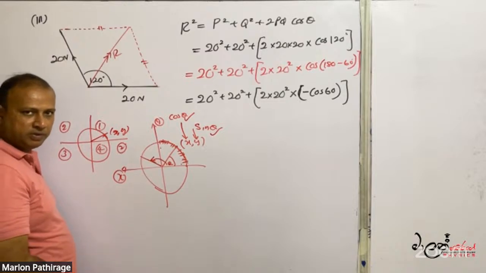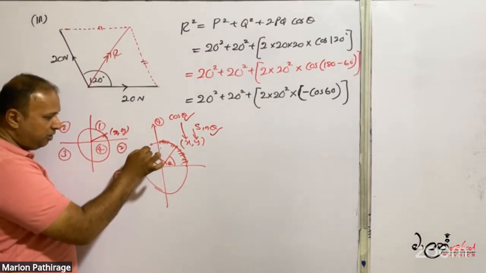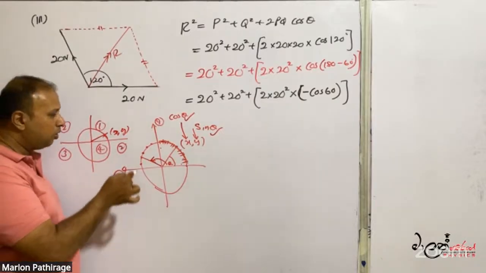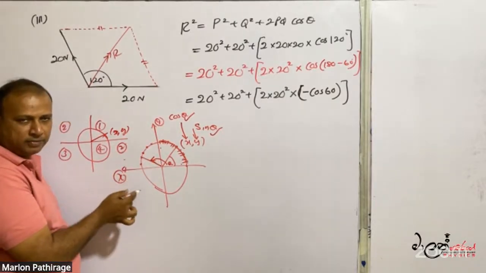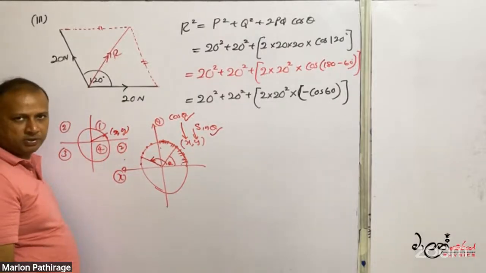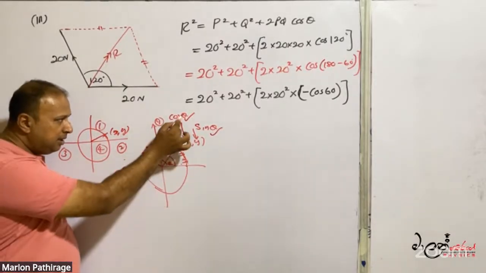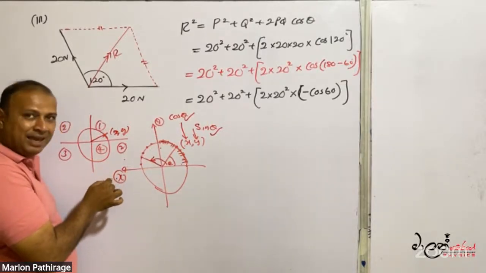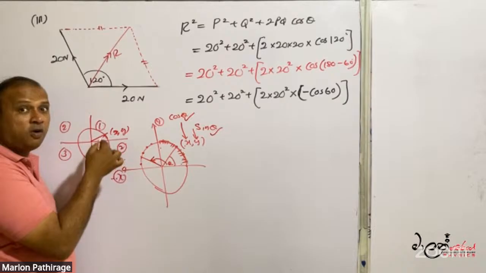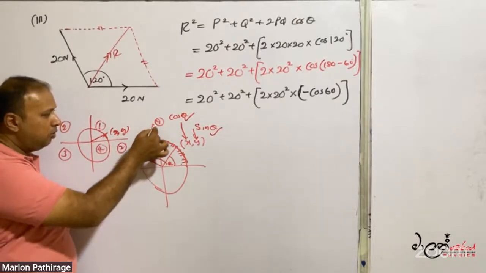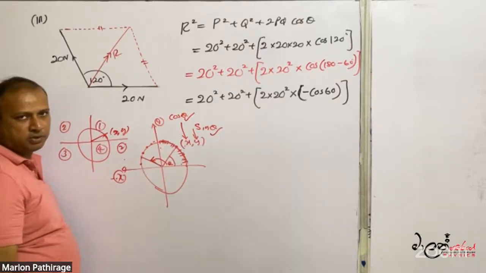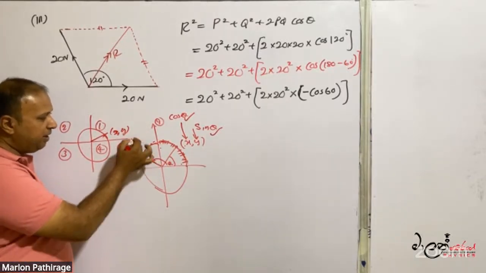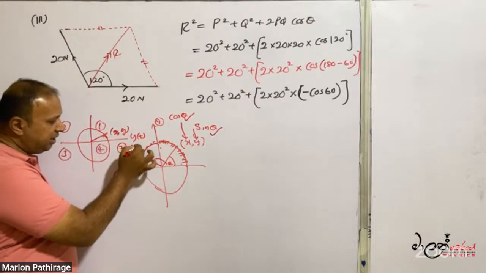Therefore, in the second quadrant, cos values are negative, but sin values are positive. X values are negative means cos values are negative. Y values are positive means sin values are positive. So in the second quadrant, y positive, x negative.